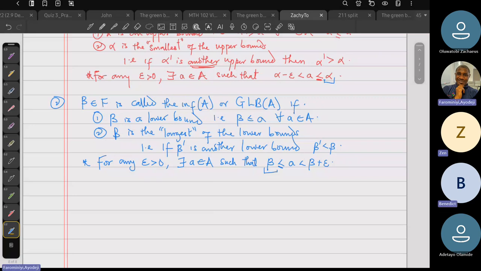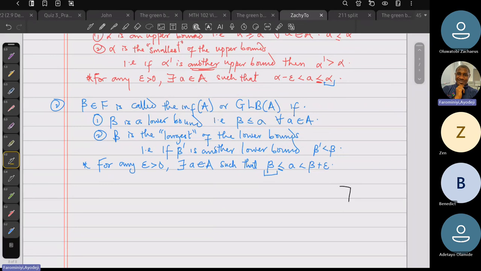So the set of natural numbers, when you embed it inside Q or R, for instance, is bounded below, but it is not bounded above. The picture you are going to be looking at is something like this.